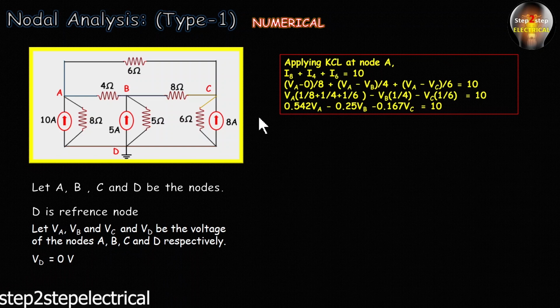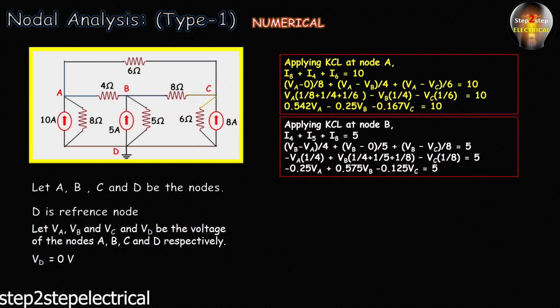Now we will apply KCL at node B. We can write I4 plus I5 plus I8 is equal to 5. I4 is the current leaving node B, I5 is the current flowing from B to D, and I8 is the current flowing from B to C through the 8 ohm resistor.